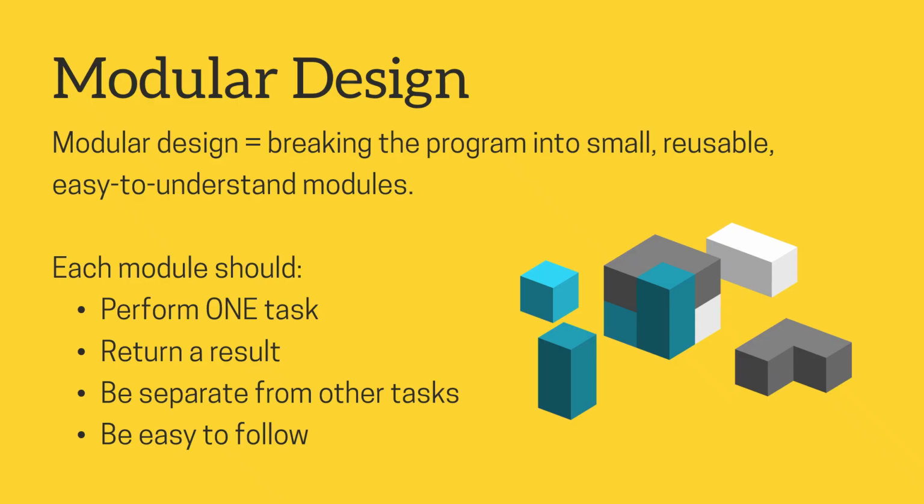So instead of one big giant block of logic, you divide your program into organized modules such as get user input, validate input, calculate total, find highest score, display results. Each module does one single job. And what this does is it avoids clutter, it avoids confusion, and it makes logic a lot easier to follow.